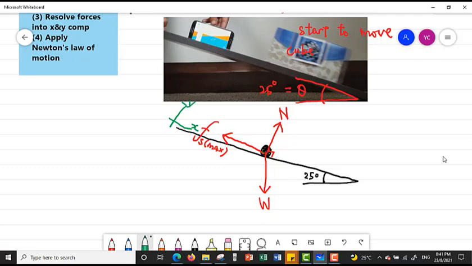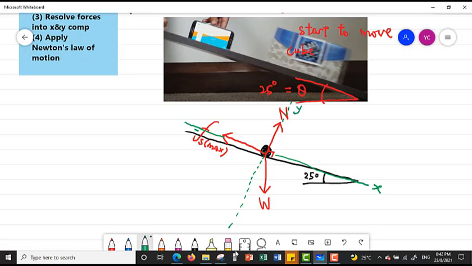Okay, saya letakkan kat sini. So this is our y-axis. This one will be our x-axis. So I choose along the inclined plane as our x-axis, perpendicular to the inclined plane as our y-axis.